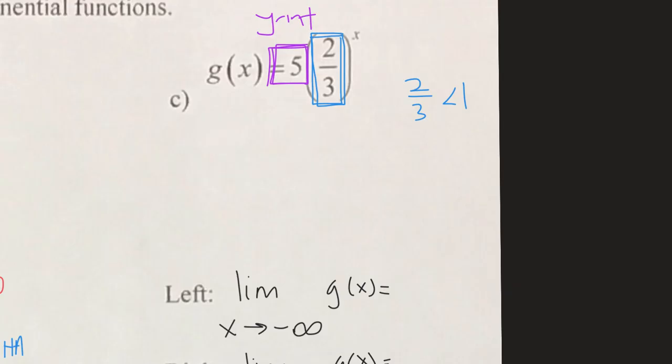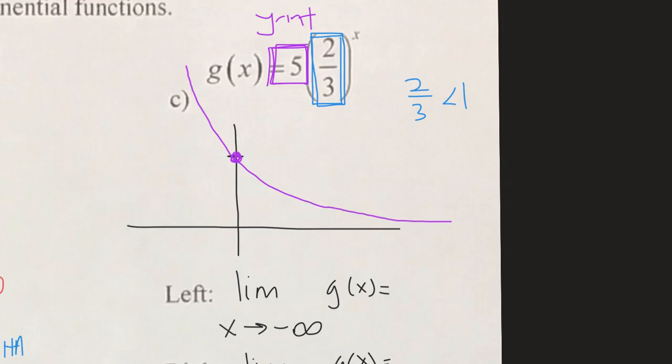So we could do a little sketch, and we're going to do lots of graphs later, but we could do a sketch of this graph. It crosses your y-axis at positive 5 and is exponential decay, so it's going to approach 0, right? We don't ever get to 0, but 2/3 of 2/3 of 2/3 of 2/3 is getting smaller and smaller and smaller, so it's going towards 0. So on the left side of our graph, where is our arrow pointing?